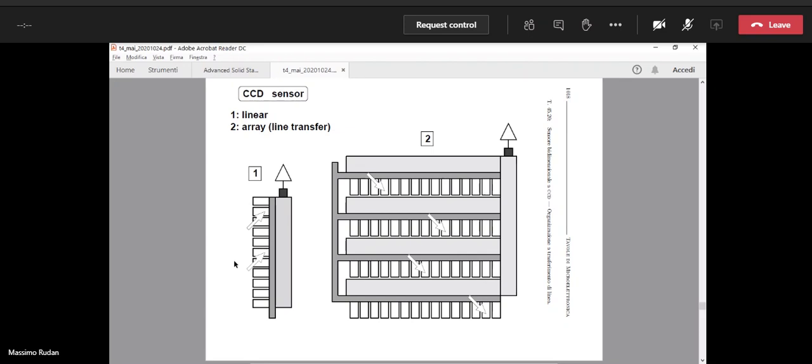So the charge after integration is transferred in parallel into the CCD. The CCD is gray because it is protected from radiation.